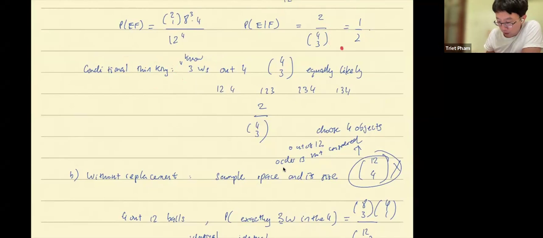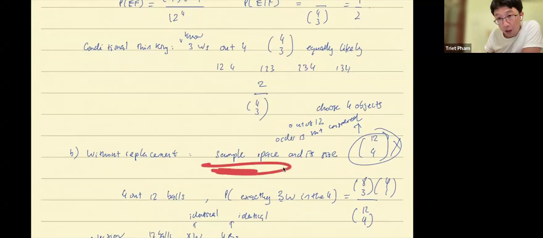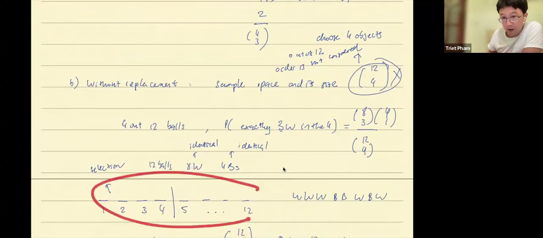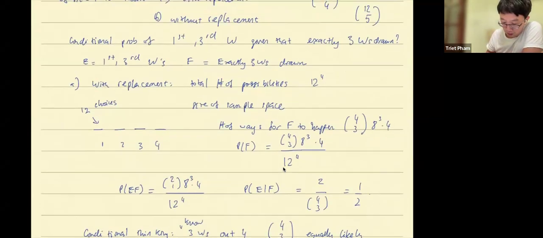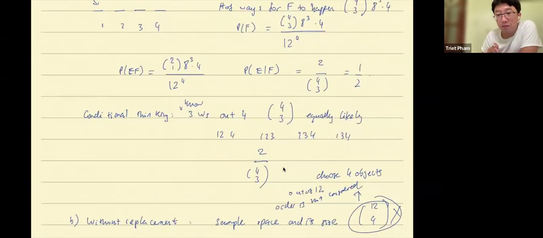Notice that even though the way we calculate them is different based on the sample space, because one is with replacement and one is without replacement, the way we lay out the problem is very different. But the conditional thinking is actually the same, because the conditional thinking doesn't care.